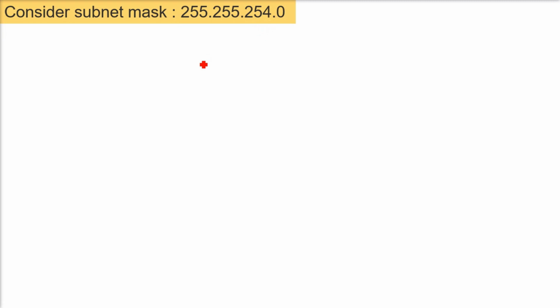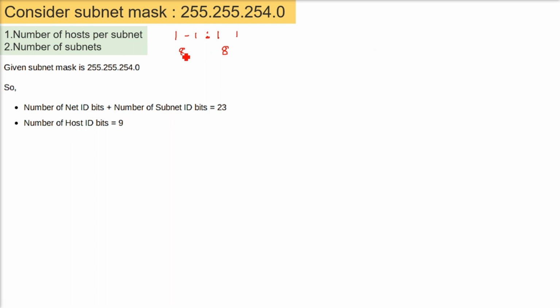Next one, now we have 3 octets having certain numbers. Previously first, then 2, then 3. So the first 255 is 8 one bits. Next 255 is 8 one bits. 254 is what? See, 254, how to add certain numbers of 2 to the power to get 254.